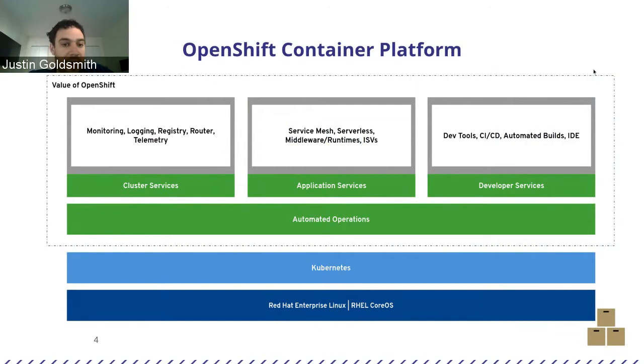OpenShift builds on top of that, providing some more app development-centric tools and a bunch of other things for managing and deploying your apps on top of Kubernetes, right? So we have built-in logging with OpenShift, built-in registry, built-in ingress layer, service mesh, serverless, and then CI/CD, Jenkins, and a bunch of tools to basically facilitate application development on top of Kubernetes.